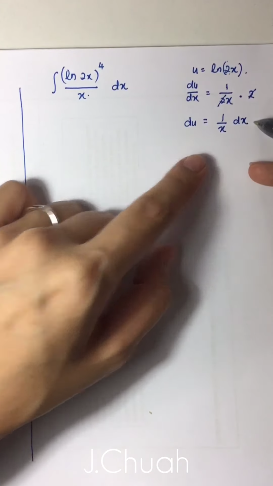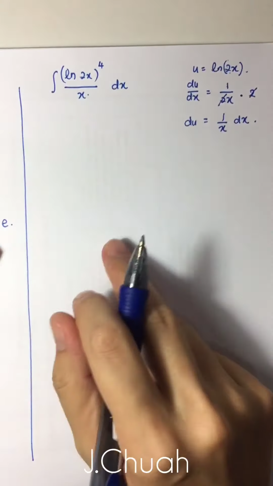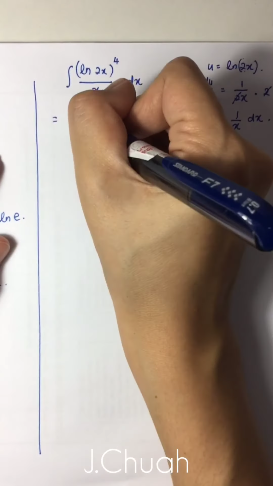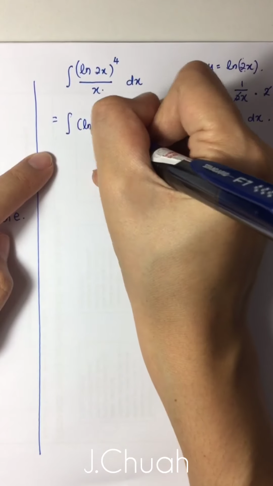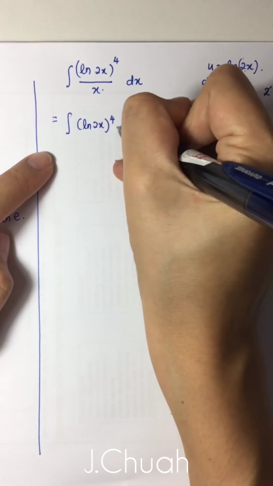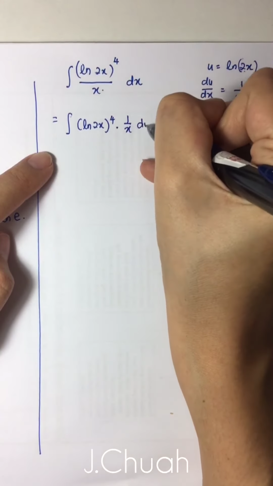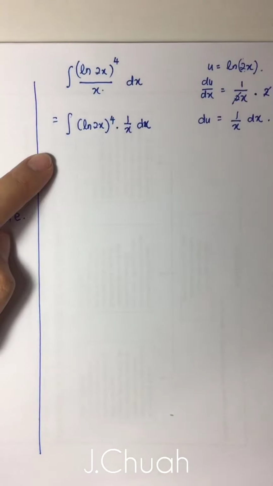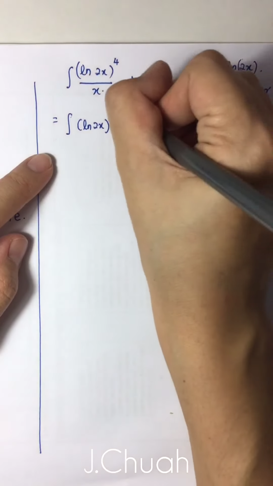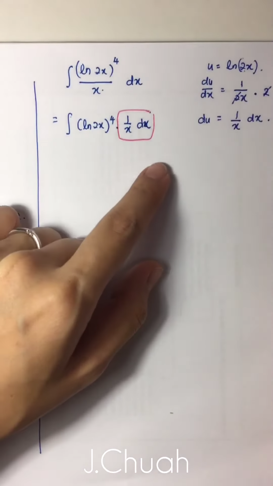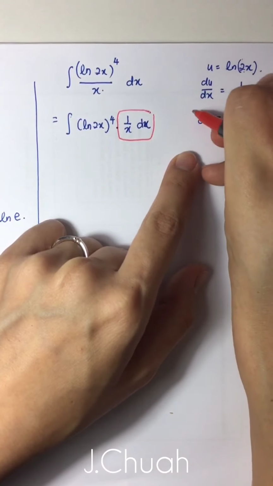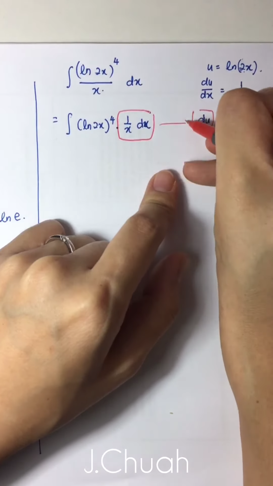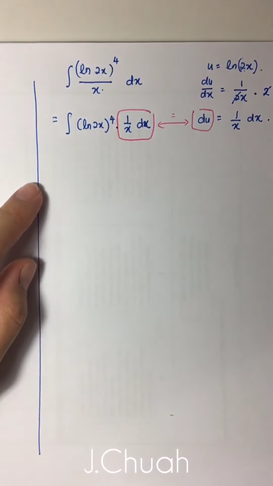So du equals 1 over x dx. If you rearrange this question, you will get the integral of (ln 2x) to the power of 4 times 1 over x dx. If you recognize these to be familiar, then you're halfway there, because this is actually du.